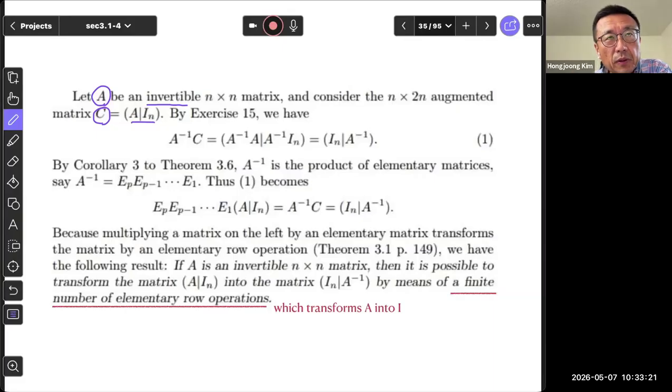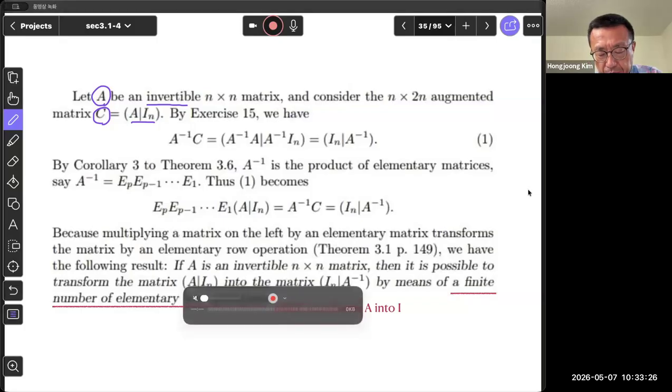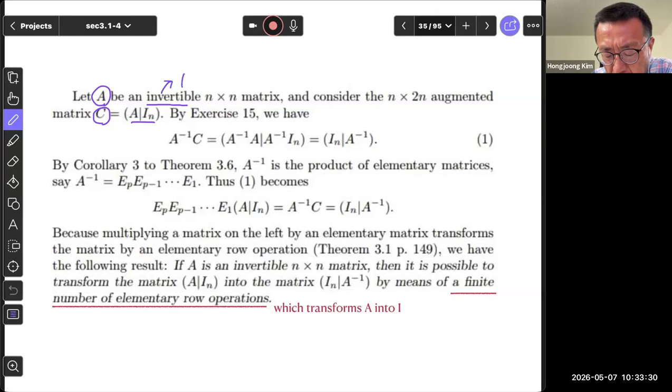Since A is invertible, the inverse of A exists such that A inverse times A is the identity matrix.